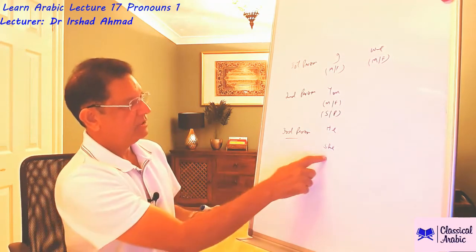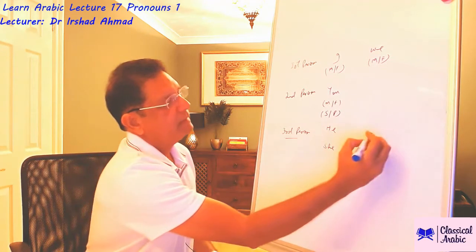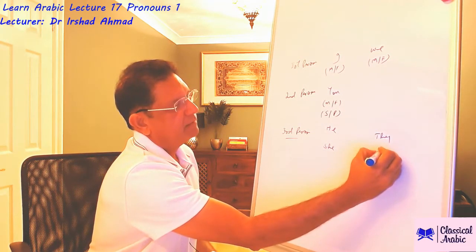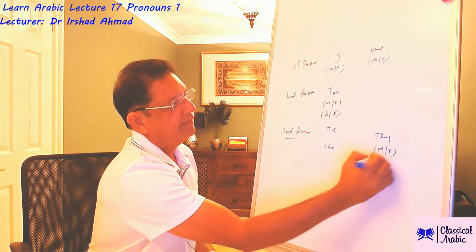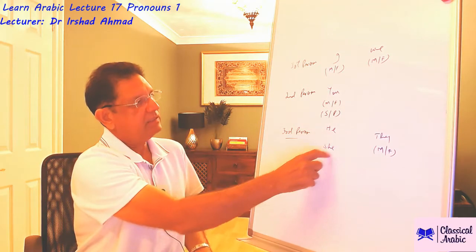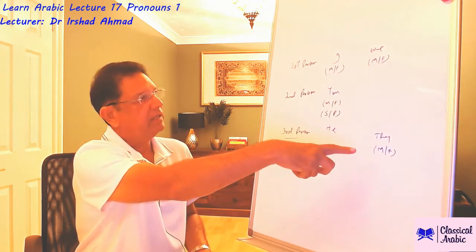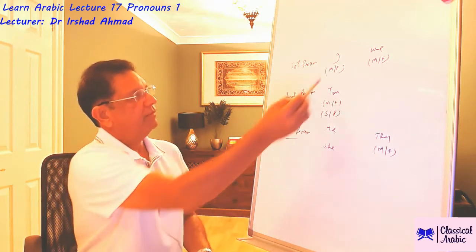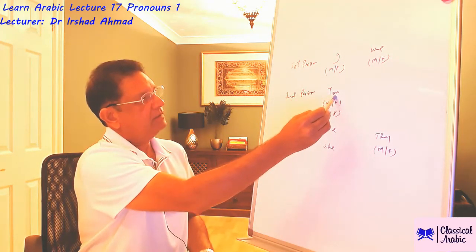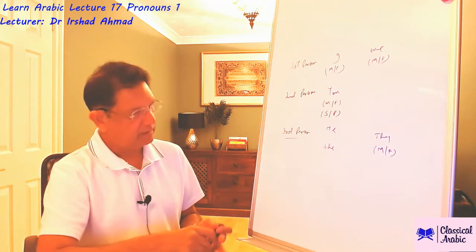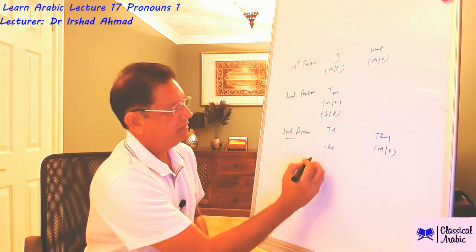So that's singular. And plural will be they. That will be both masculine as well as feminine. So in third person we have he, she and they, both for men and women. So basically in English then we have 1, 2, 3, 4, 5, 6 pronouns. So we got a total of 6 pronouns in English.